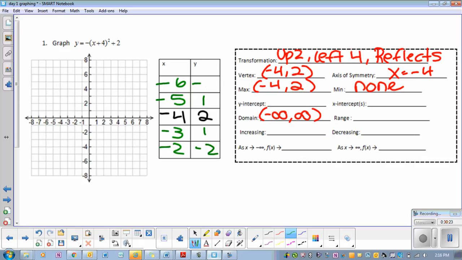Okay. All right, so let's graph this. Right? Something like this.